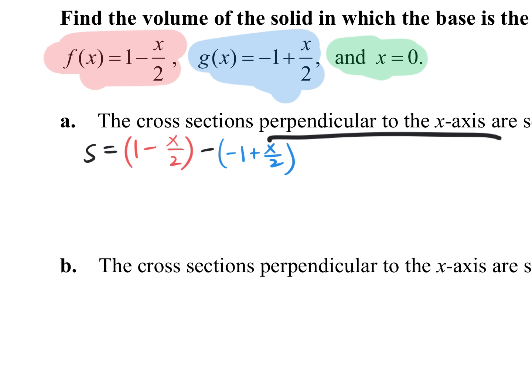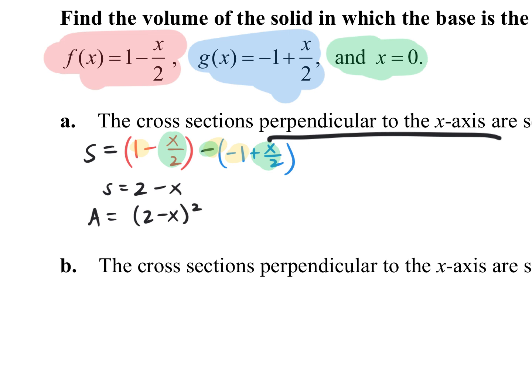Okay, so if I simplify this, I have a 1 minus a negative 1, which gives me 2. And then I've got a negative 1/2 x minus a 1/2 x. What's that give me? Negative x. So the side length is 2 minus x, which means my area is just 2 minus x squared.